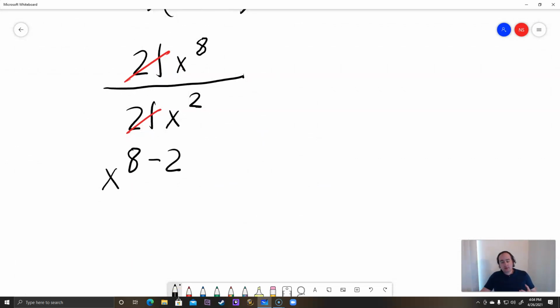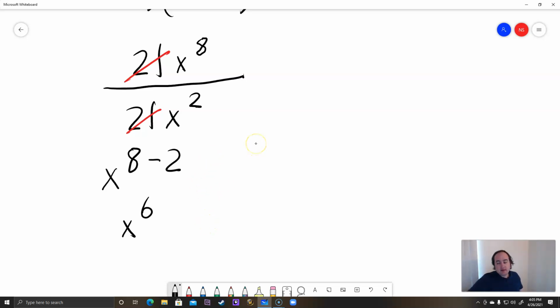The order in which you subtract does matter. The order is top to bottom for dividing and left to right for subtraction. Because we had an 8 on the top and a 2 on the bottom, the 8 came first and the 2 came second. So x to the 8 minus 2 is x to the 6.